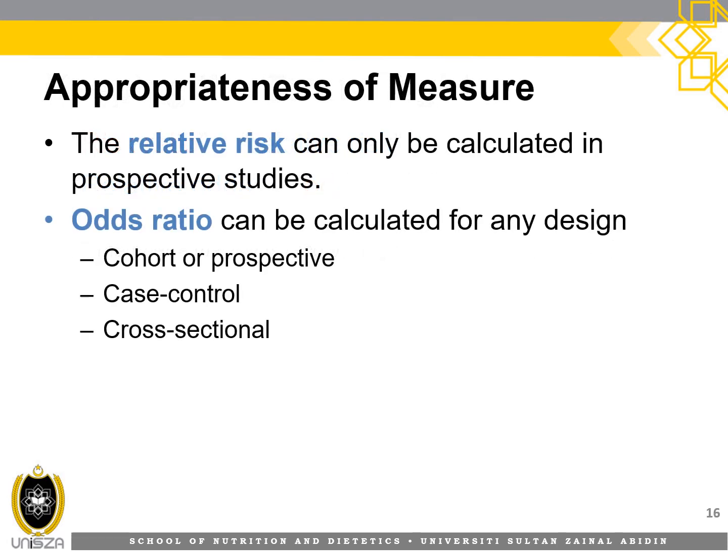In terms of appropriateness of measure, the relative risk can only be calculated in a prospective study. Meanwhile, the odds ratio can be calculated for any design, including cohort or prospective studies, case control studies, and cross-sectional studies.